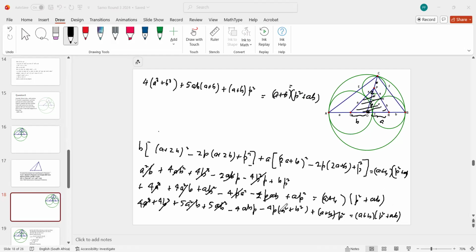But now I'm going to add these two other things, these two negatives. So I'll have plus 4abp, put that on the other side. And here I got 4p into a squared plus b squared.